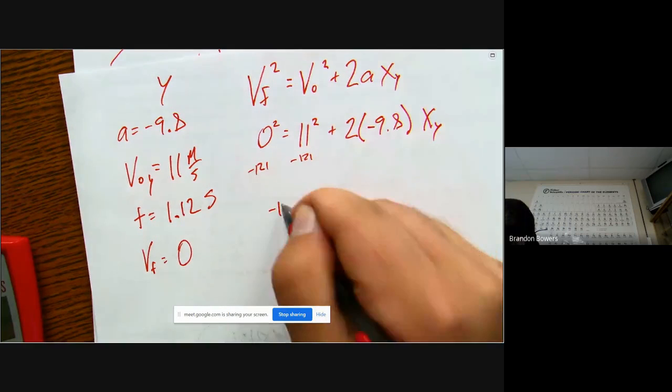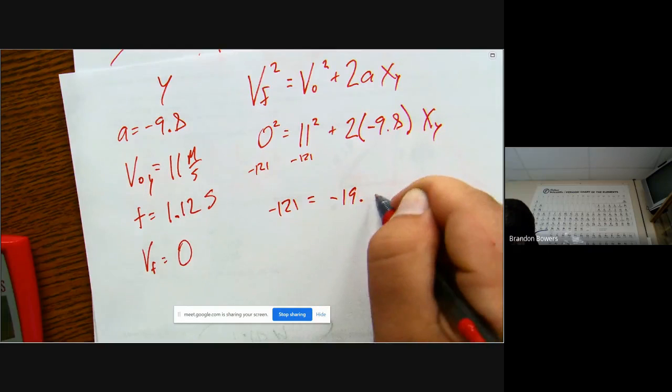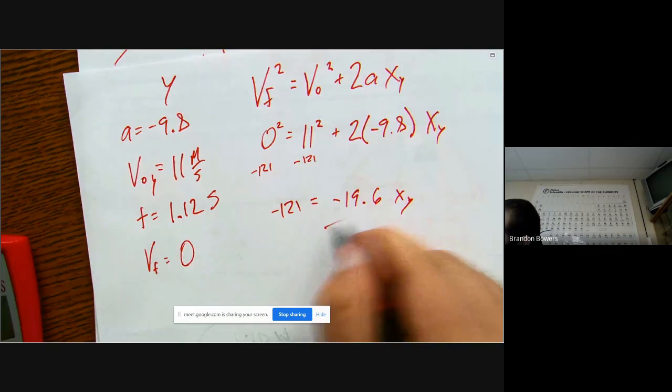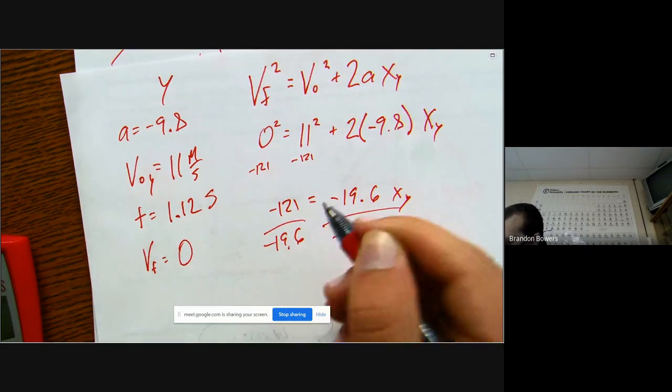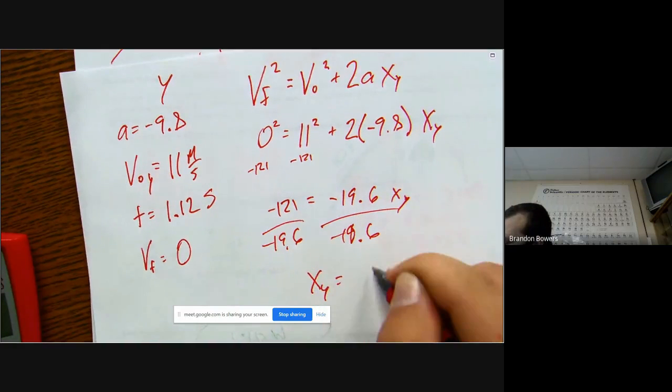So I got negative 121 is equal to negative 19.6 x y. So 121 divided by 19.6, I got to be about, let's see, 3 sig figs, 6.17. X in the y direction, 6.17.